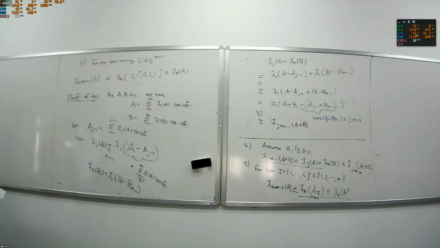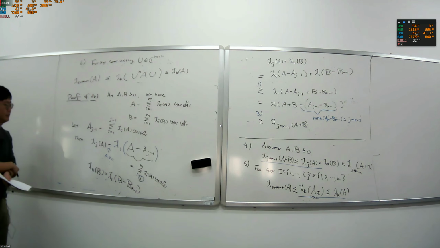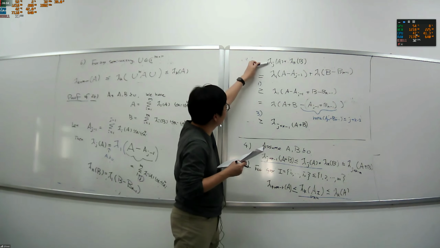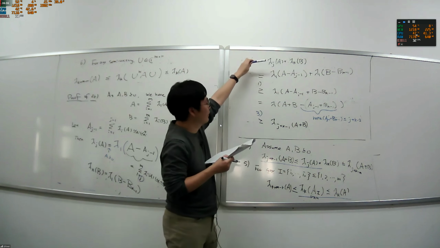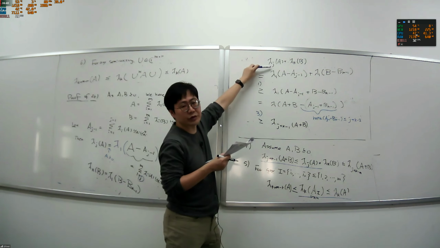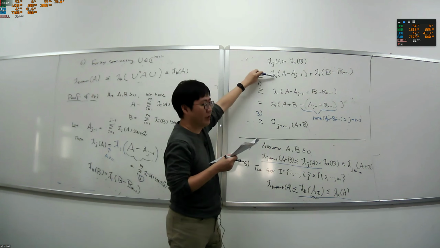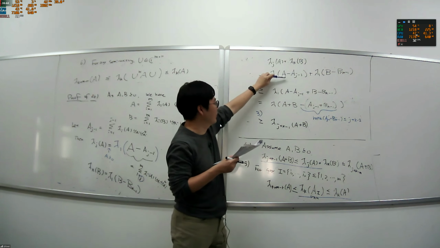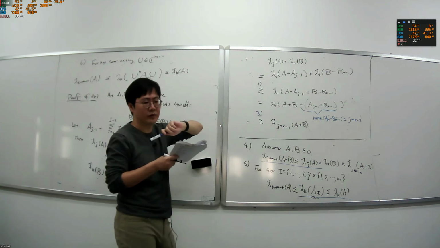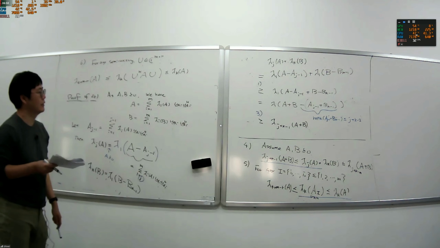So the first key is that we know if A and B are PSD, then its eigenvalue, no matter which one, can always be represented as the largest eigenvalue of A with some component removed.